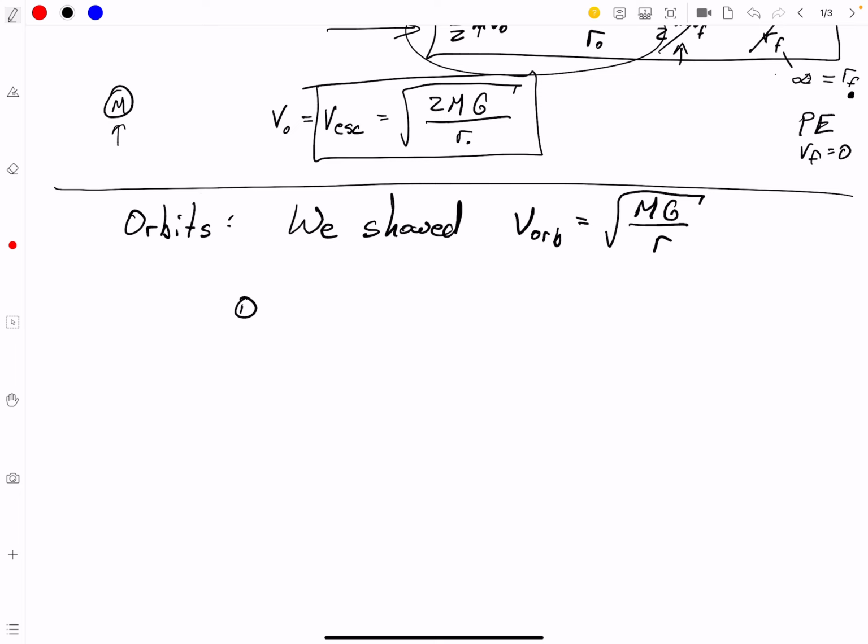So here's the massive object, here's our little guy, and he's got an omega, which means there's a velocity linearly, and of course we know that v equals omega r.